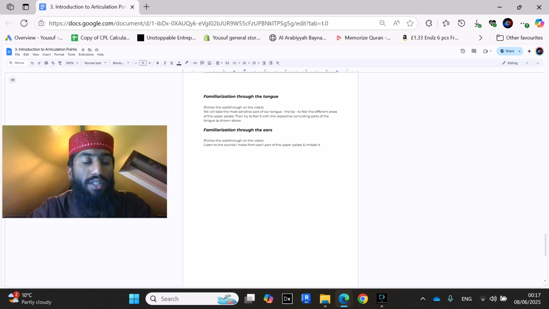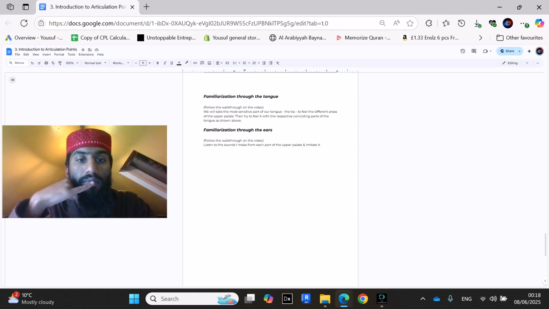To familiarize yourself with how each part sounds, the front, where you had the gum line, is where dal comes from, for example, ta as well. Then the gums itself is where ra comes from, and lam, and noon.